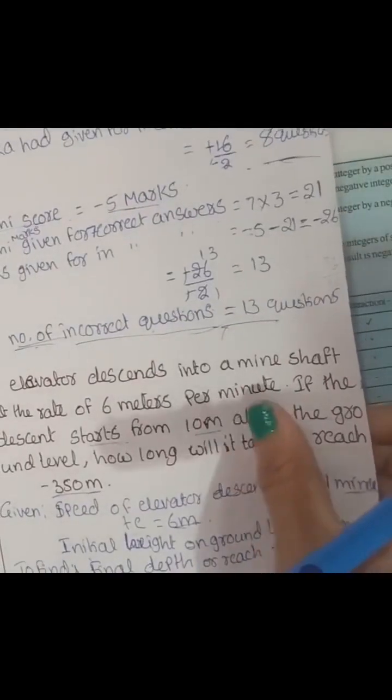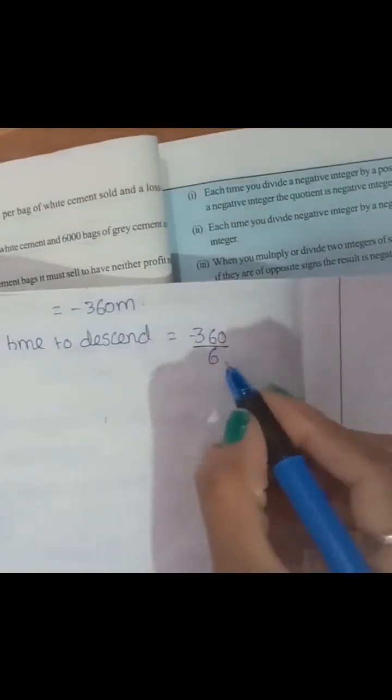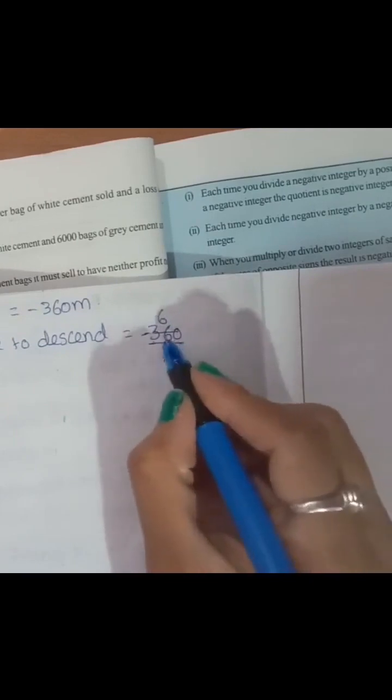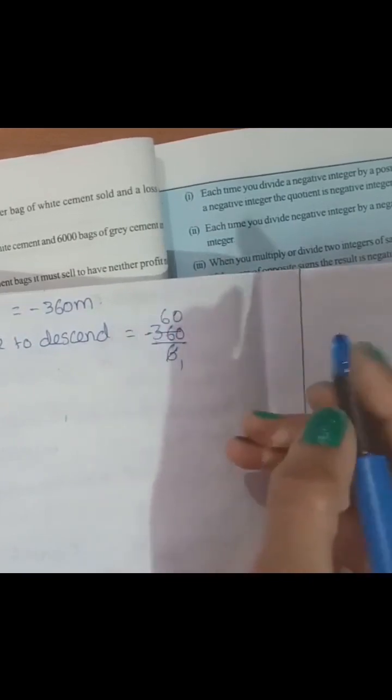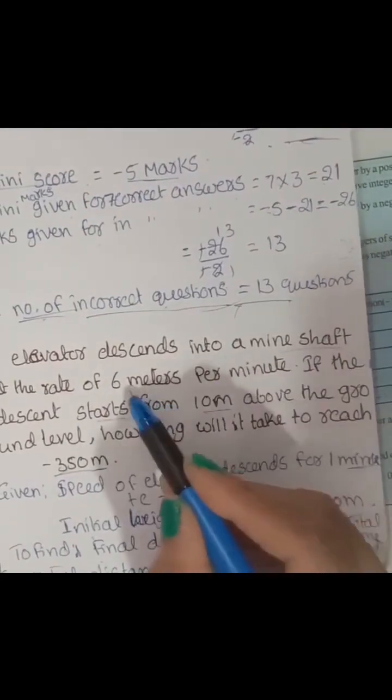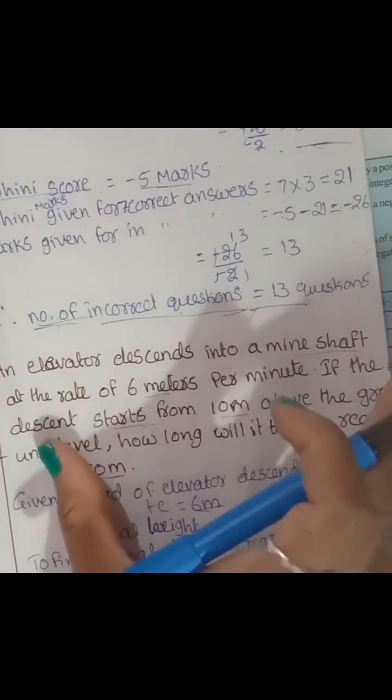Six sixes are 36, and 0, so that is minus 6 meters. Here the elevator descends, which is also minus, down only.